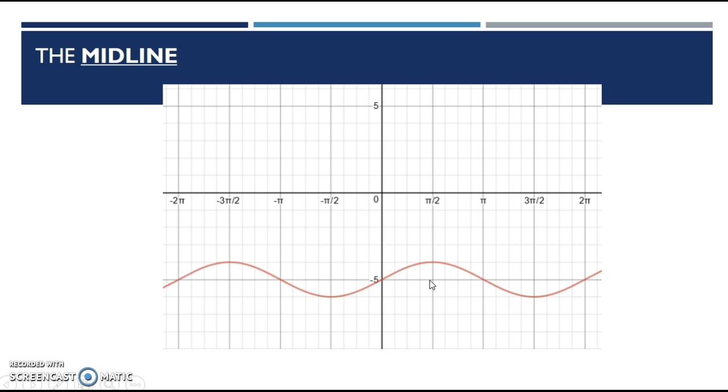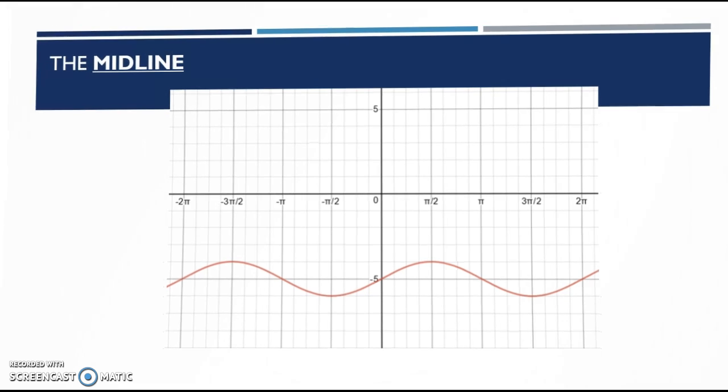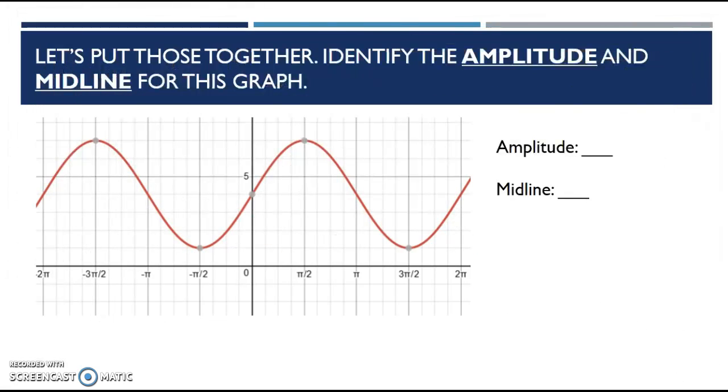So really the midline would be the first thing that you'd want to try to identify in a graph, and then you would go from there with the amplitude. So in this situation, our midline is at -5, right in the middle of the graph. And our amplitude would be 1 because we can move up 1 and below 1 to get to that maximum and minimum points. So in this graph, I'd like you to pause it and identify what the amplitude and midline would be.